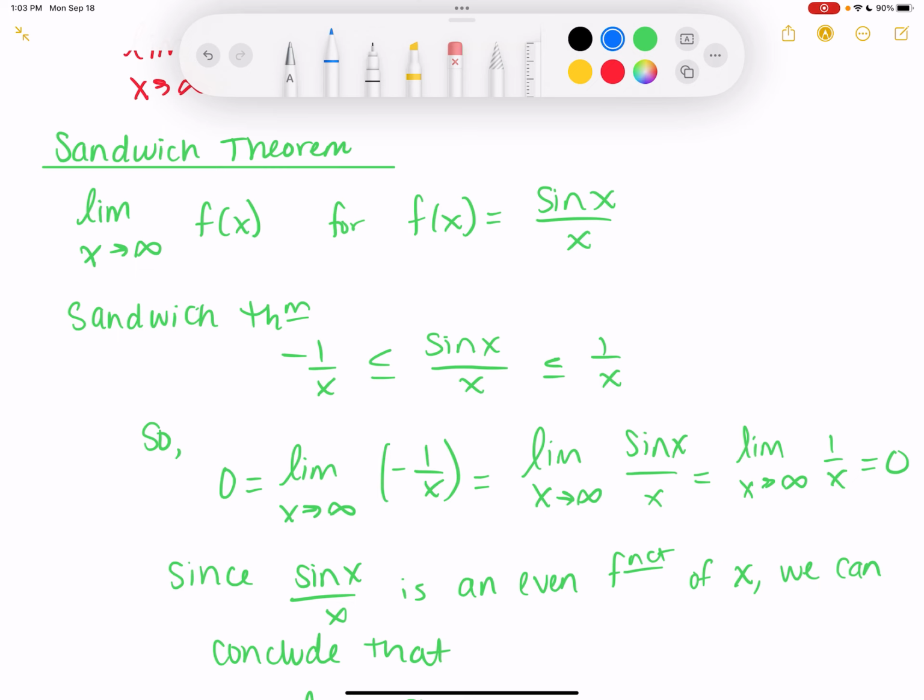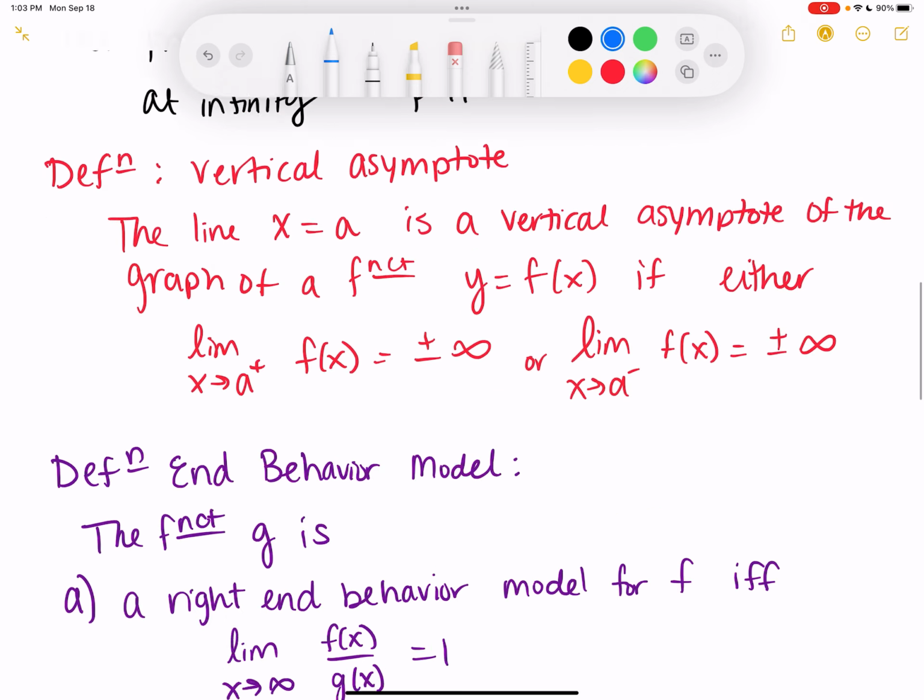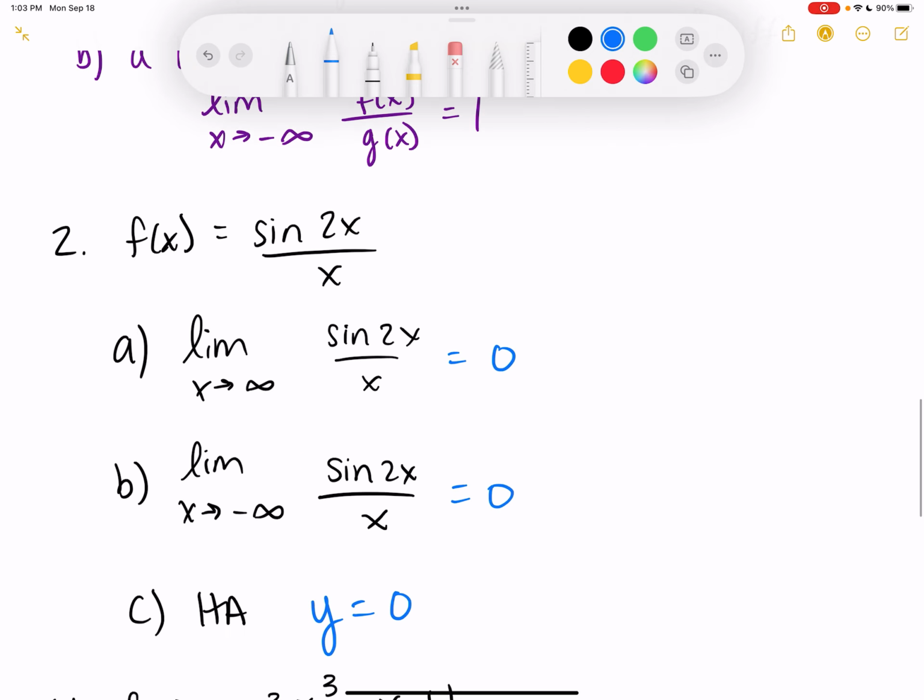Putting a 2 in front is really not changing anything, so I know that it's also going to be 0. That would typically be my logic. You could also graph them both on the same graph and see that it's essentially doing the same thing, so you would know that it's going to 0 since it told you to graph it.